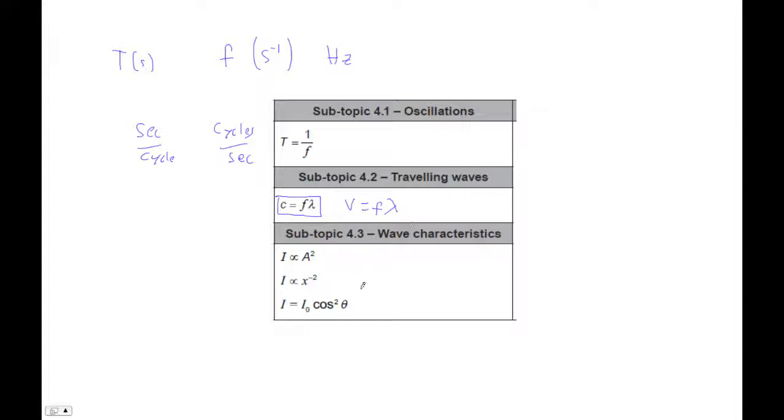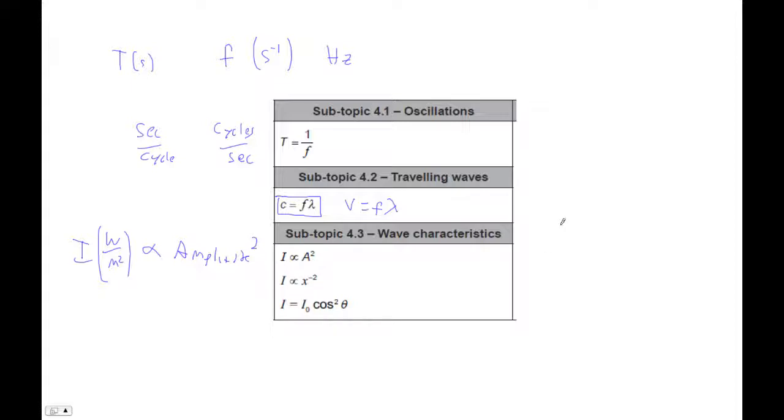Okay, and then this is interesting, right? Wave characteristics: the intensity, in watts per square meter, is proportional to, that's what the little lambda thing means, the amplitude, and it's squared.